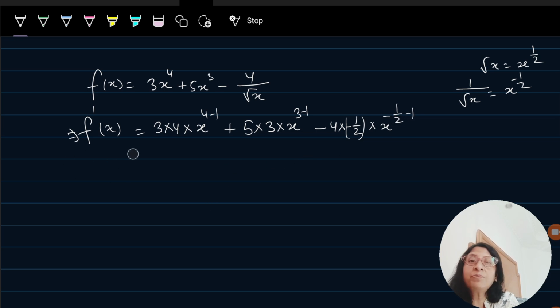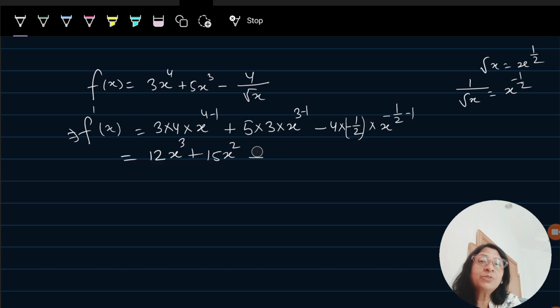Now what will we write here? Here it is 3 fours are 12, x to the power 3, plus 5 into 3, that is 15 x square, right? Minus, this minus minus, so this will be plus. Now we have 2, because 4 divided by 2, right? And then we have x raised to the power, this can be written as minus 1 minus 2 over 2, right?